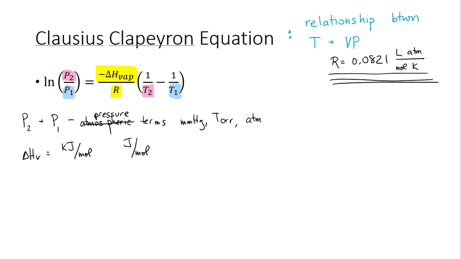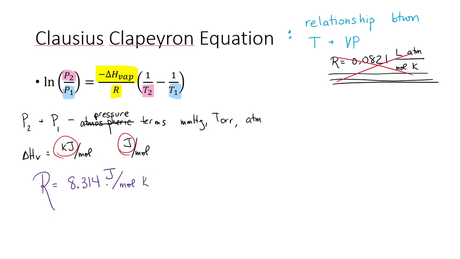We can't use this because our delta H has energy terms in it. So here is your new R. R in energy terms is 8.314 joules per mole Kelvin.